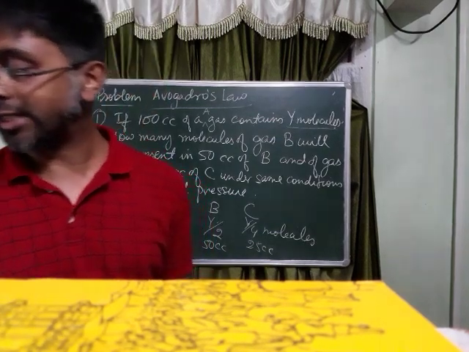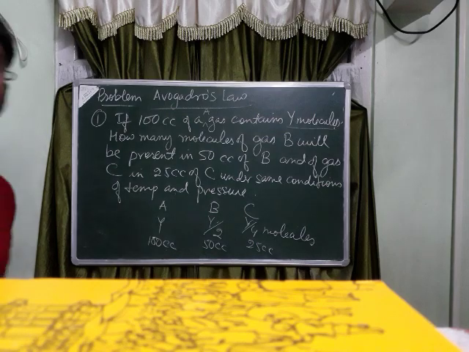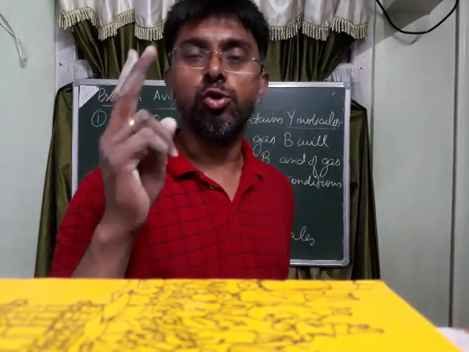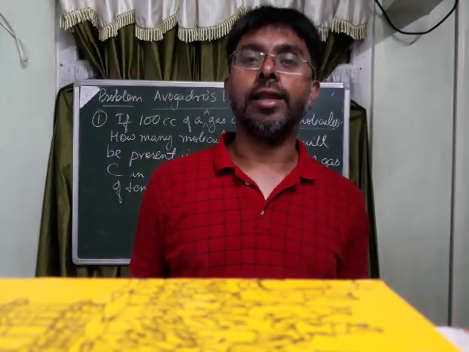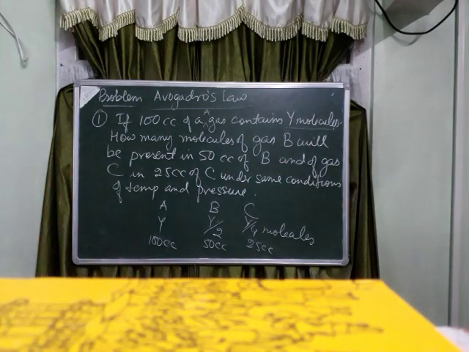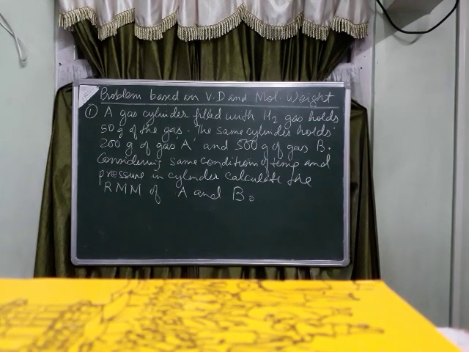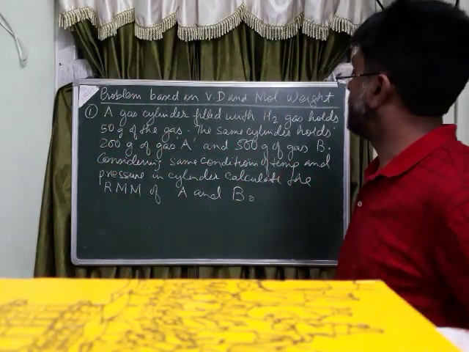Now let us go to the next type of problems, which is problem based on vapor density and molecular weight. So I will be doing 2 problems based on vapor density and molecular weight from this chapter, and then you will be very clear how to solve such problems. Okay, now this is a problem based on vapor density and molecular weight.